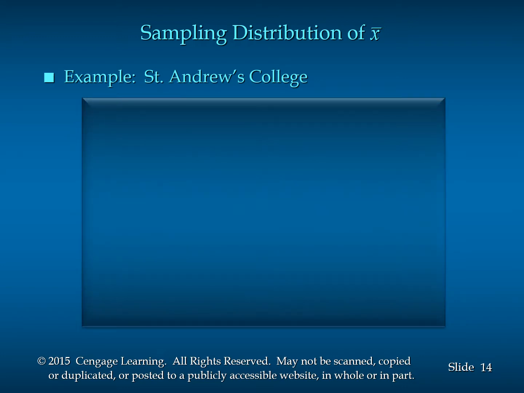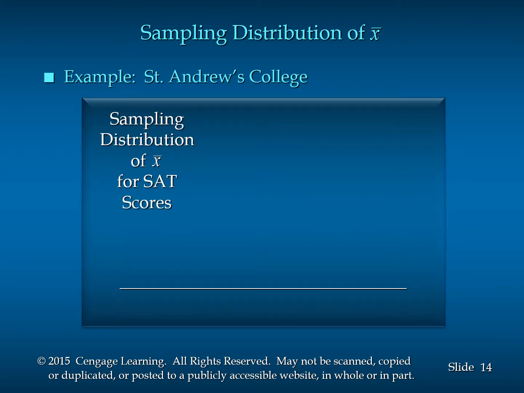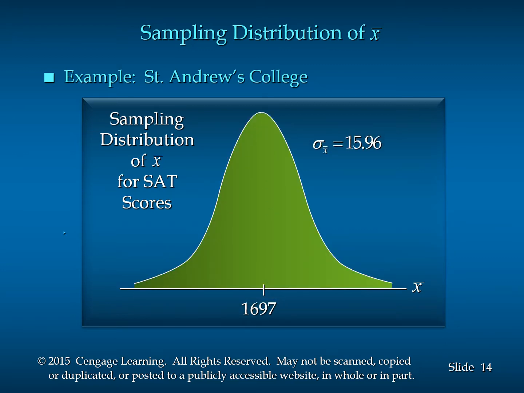And for our upper limit, from this diagram, we can see that the area under the curve to the left of that z value is 0.7357.